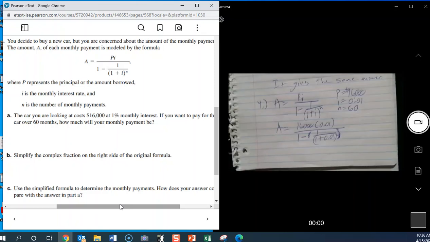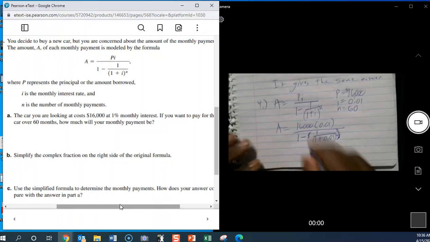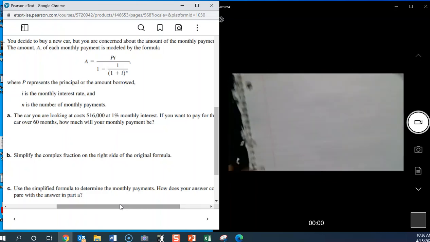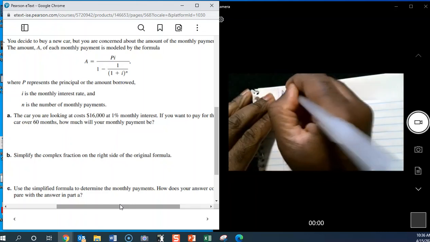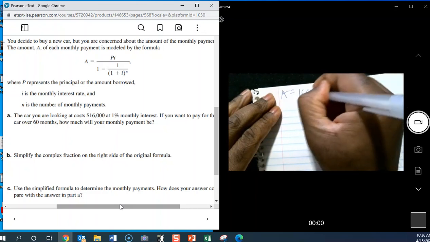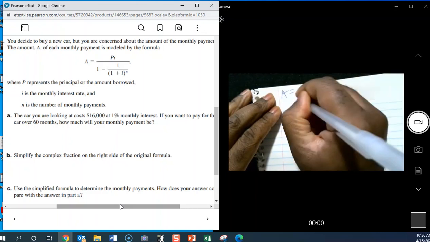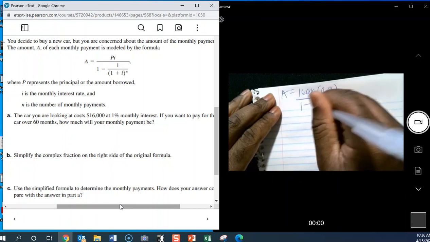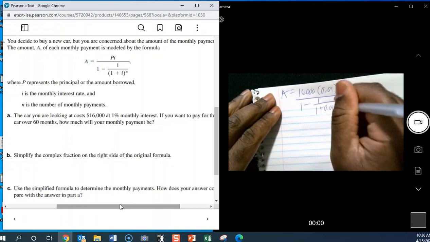But let me rewrite this because that didn't come out that good. So we'll have A is equal to 16,000 times 0.01 all over 1 minus 1 over 1 plus 0.01.